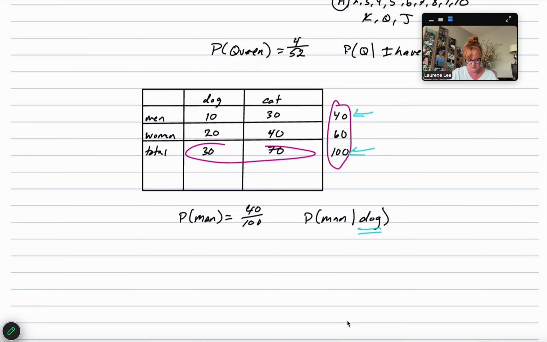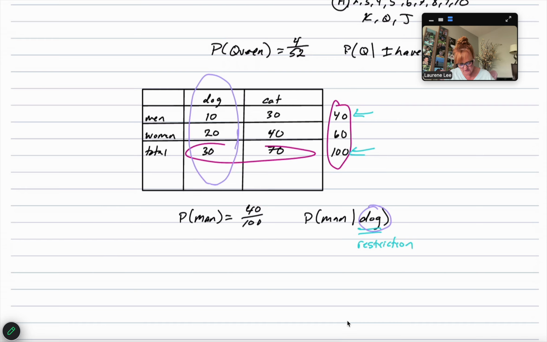The second part is the restriction. So what I do in a table situation, if I say, here's a dog, then I go up to my table and I look only at the dog information. So I am completely eliminating that cat column and I'm only looking at dogs.